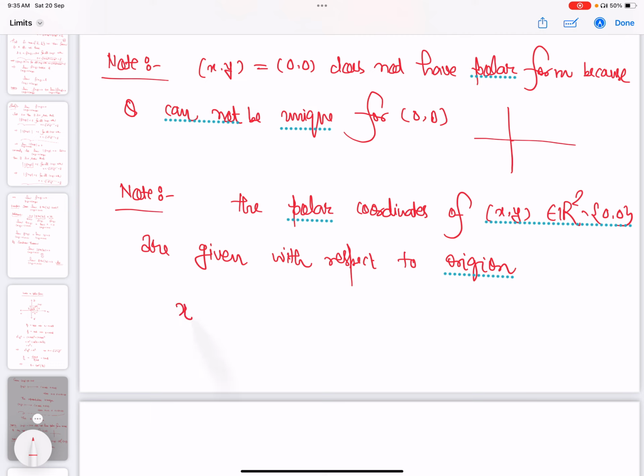How is it given? x is equal to r cos theta and y is equal to r sin theta.